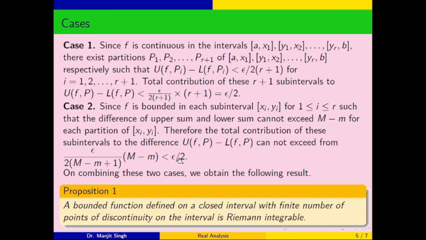So U(f,P) minus L(f,P) is less than epsilon for the partition P here. So we have this result: a bounded function defined on a closed interval with a finite number of points of discontinuity is Riemann integrable.